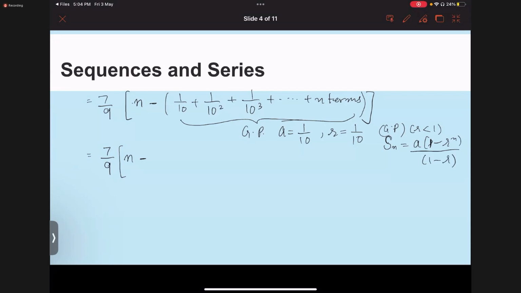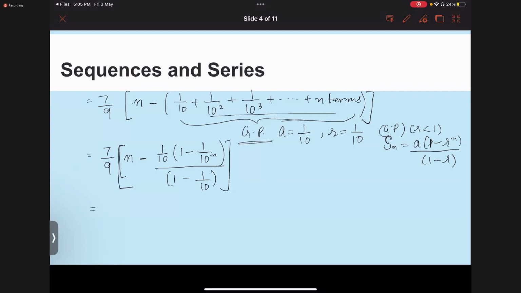So you can just substitute the terms of this geometric progression for this entire sum: 1 upon 10 times (1 minus 1 upon 10 raised to n), and then again this will be over 1 minus 1 upon 10. So this is now simplified to this form. Now quickly, this side becomes 7 by 9.